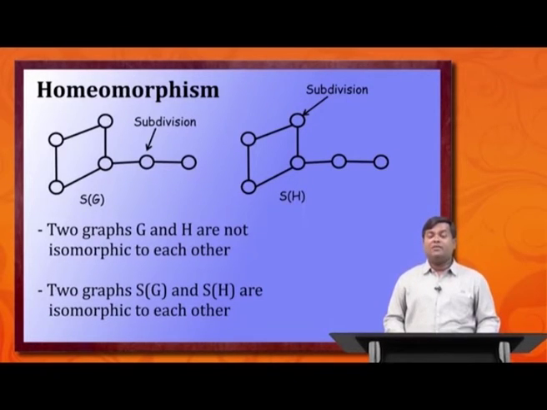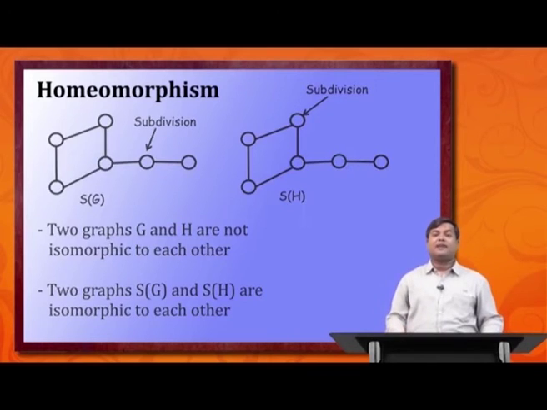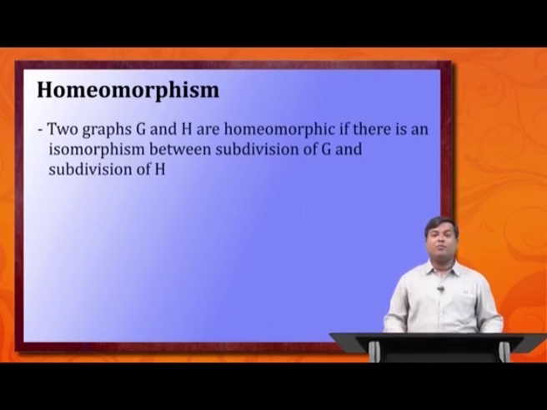Now if we compare these two graphs, subdivision of G and subdivision of H, we can easily prove that they are isomorphic, right? So the two graphs SG and SH are isomorphic to each other. The original graphs G and H are not isomorphic, but the subdivision of G and subdivision of H are isomorphic.